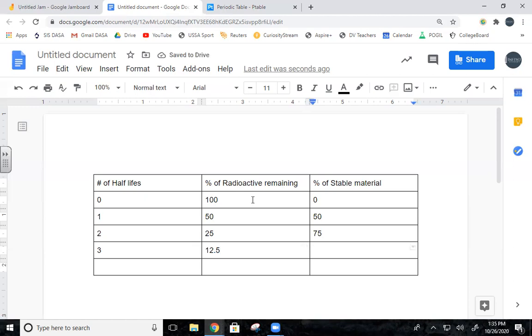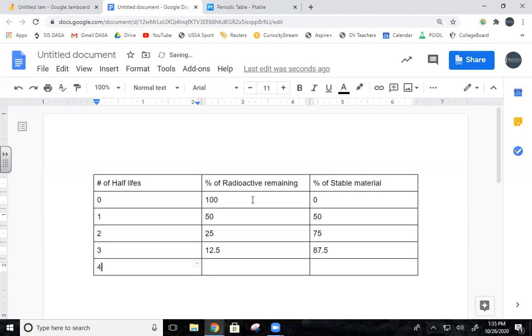And then the percentage of the stable material that is now in the sample is going to be how many? 87.5. Oh no, how do I subtract 12.5 from 100? So everyone was thinking. My brain did the math so weird.